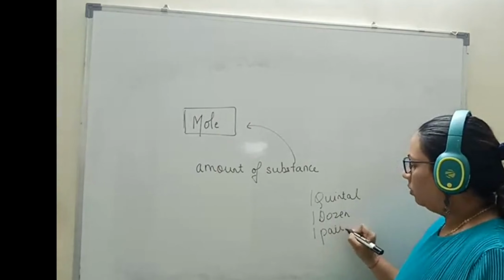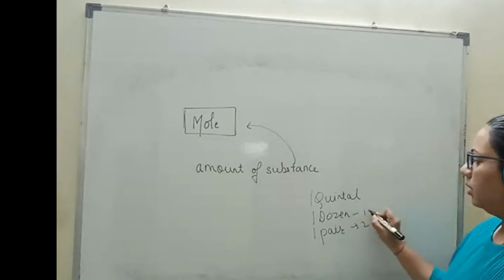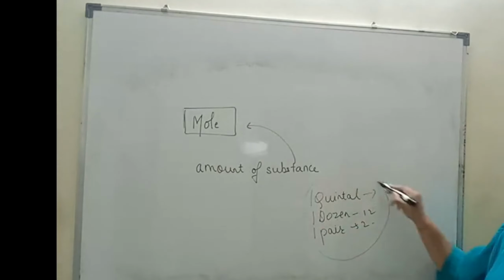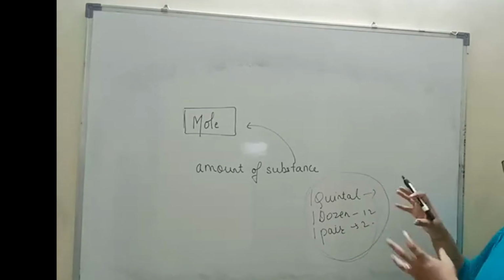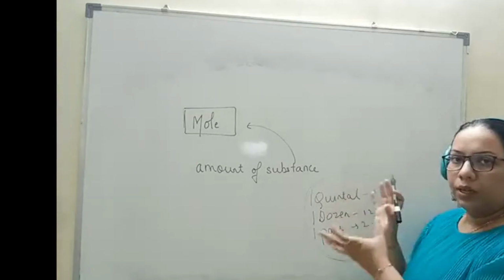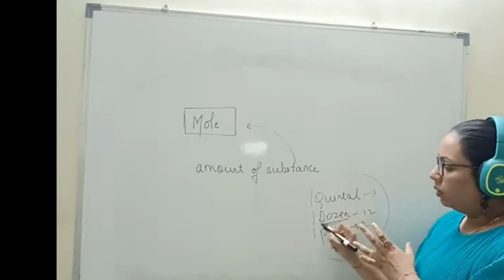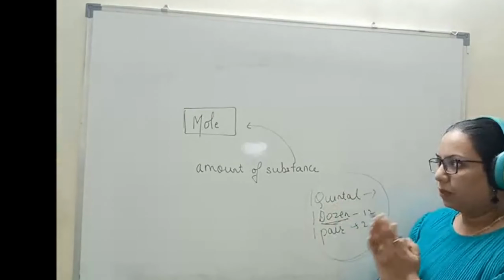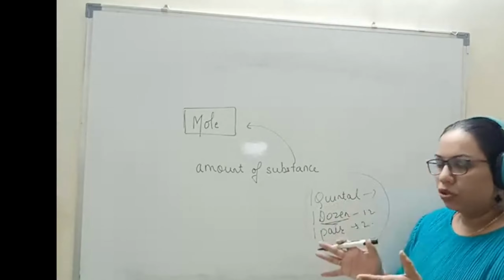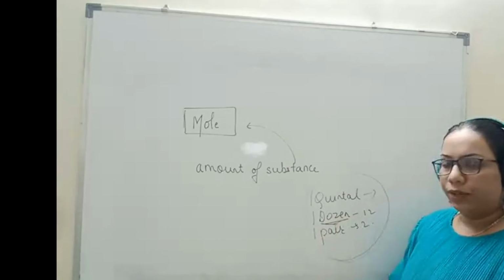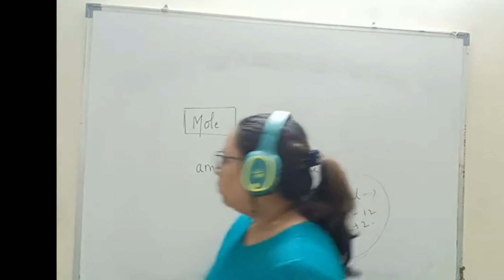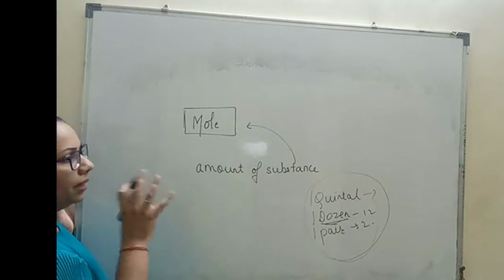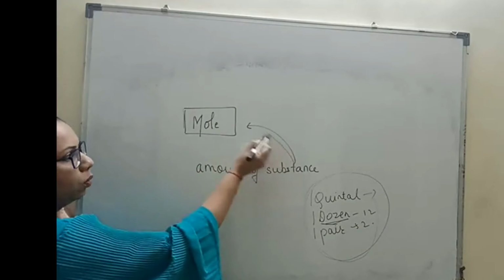One pair means the quantity is 2, a dozen is 12, a quintal is 1000 kg. So when the word dozen comes, you know you are speaking of 12 of some substance. In the same way in chemistry, whatever amount of substance is given to you is usually taken in moles. It can be half a mole or 3 moles, but the measurement is taken in moles.